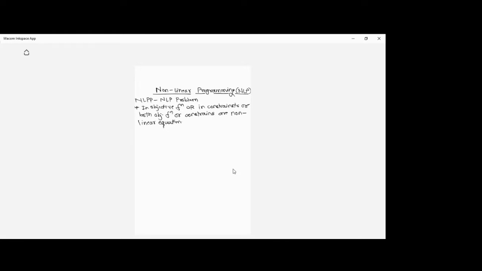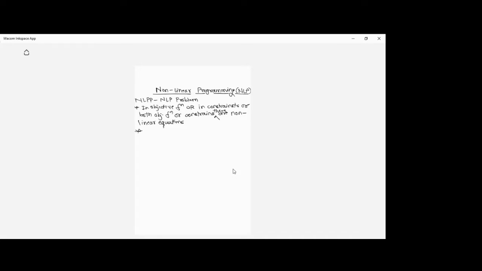So if in the objective function or in the constraints or in both there is a non-linear equation, it is called a non-linear programming problem, right?